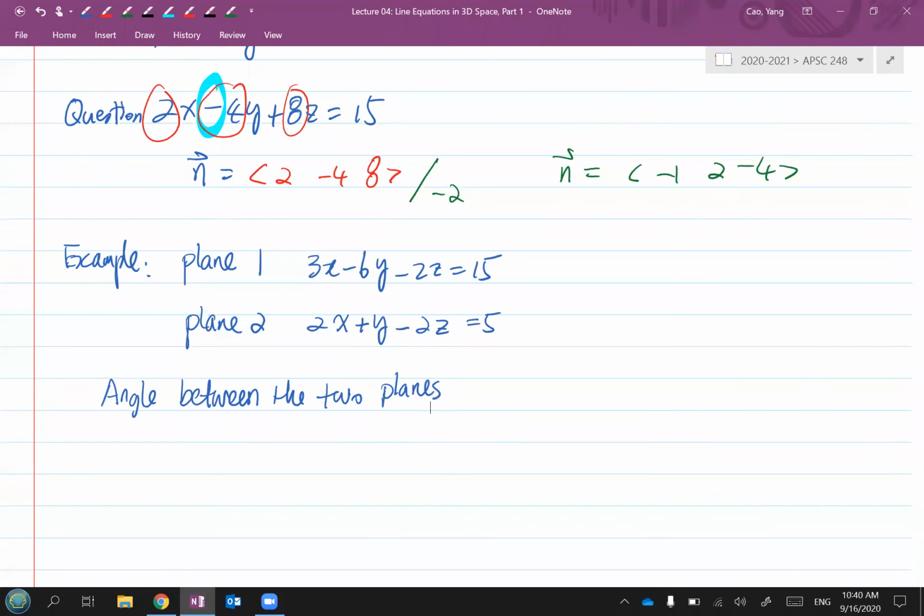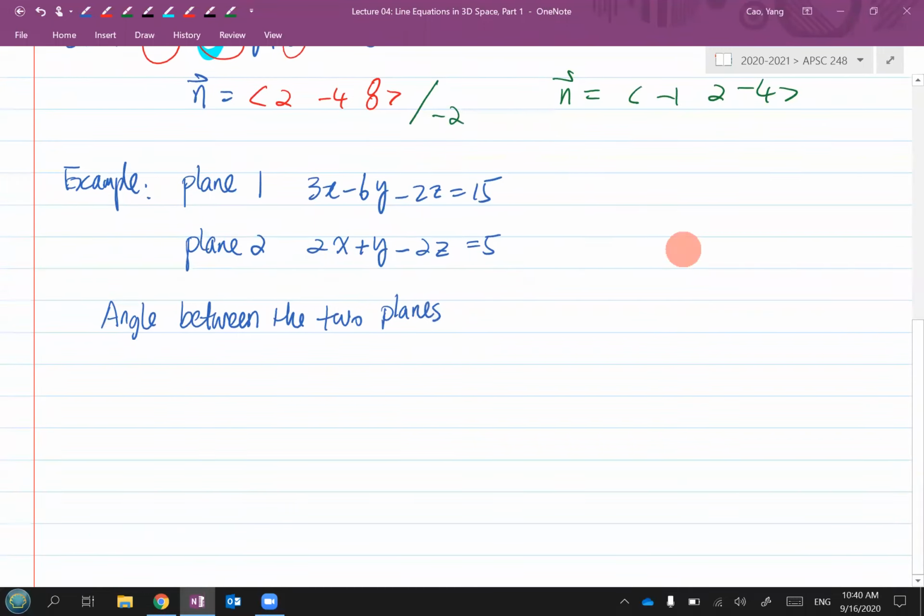It's always helpful, I think, if you draw a sketch to help you understand what you are actually looking for here.